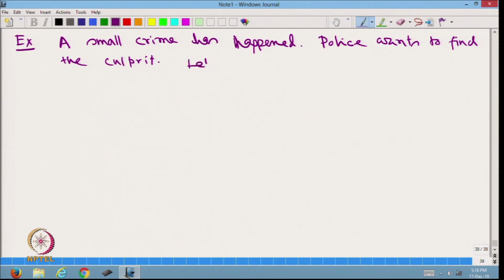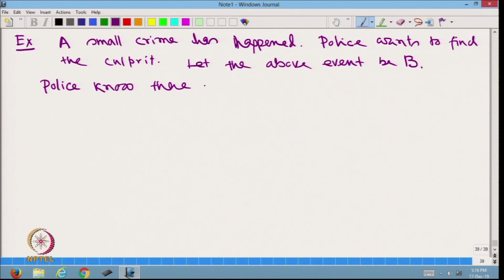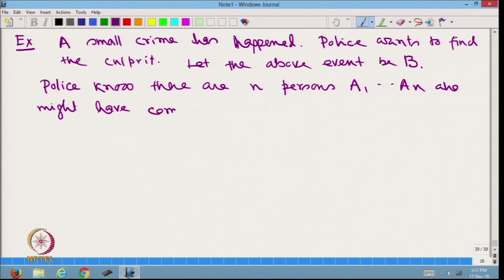Let the above event be B. That small crime has happened. Now, police knows there are n persons A1, A2, An who might have committed the crime.